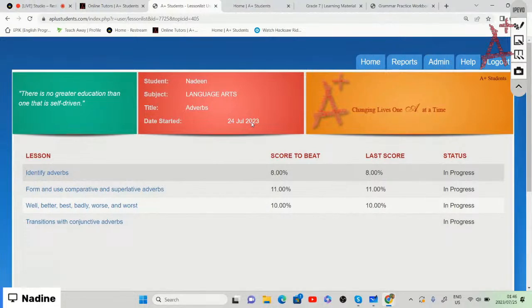As well as transitions with conjunctive adverbs, right? Which is to do with joining and connecting sentences. All right, so that is our lesson on adverbs.